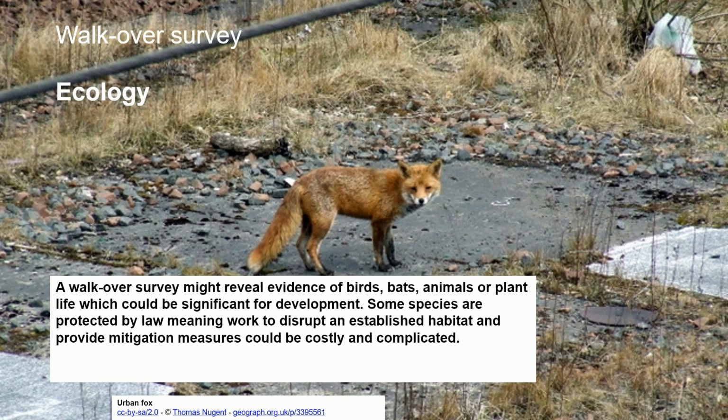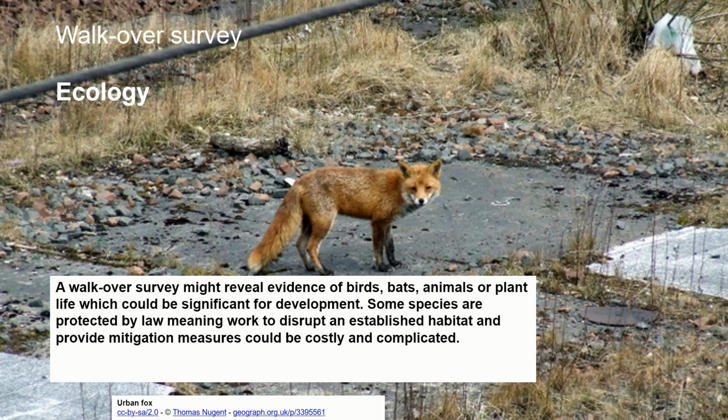If there are species that are protected by law, bats, some newts, quite a lot of plants are protected by law, it can be difficult to develop a site without giving mitigating measures. And mitigating measures would be to get a bat specialist to remove the bats to another location that you build, and that costs money.